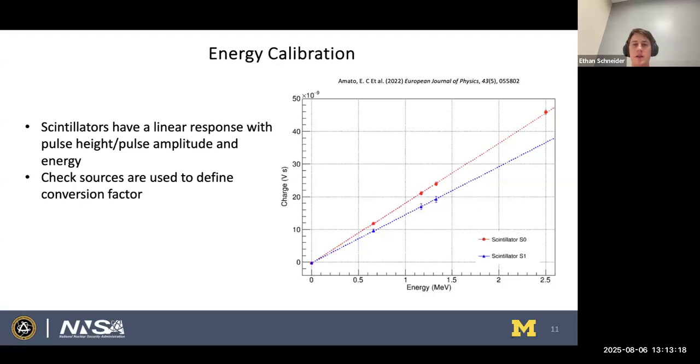And from this, we'll be able to fit a Gaussian distribution to these Compton edges to get these values based upon the Compton scatter equation. We'll know what energies correspond to these Compton edges and do our energy calibration to these. So from this, we have a linear response between our different scintillators, and we're able to go from this lab value of pulse amplitude, pulse integral into an energy value.